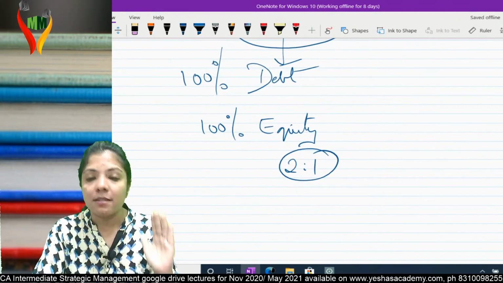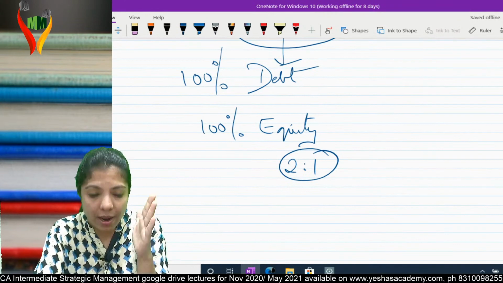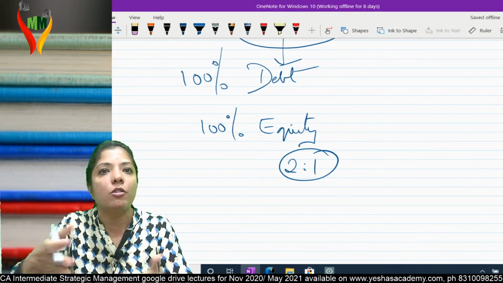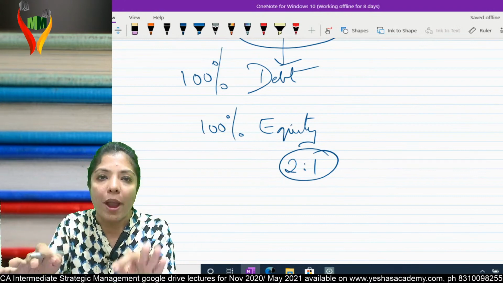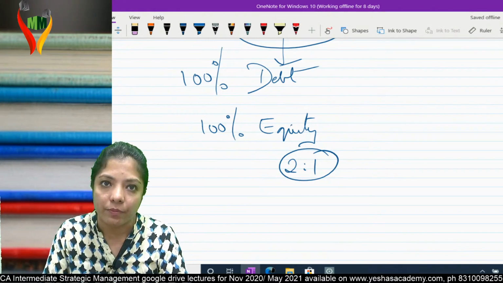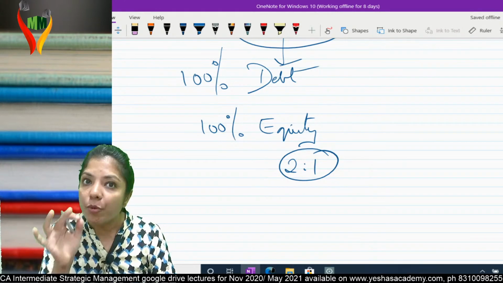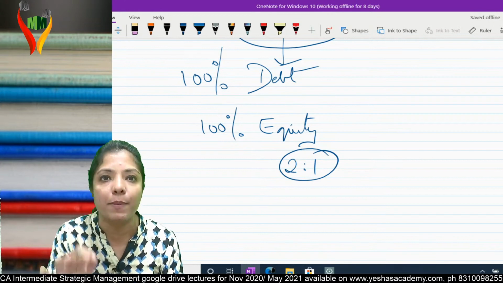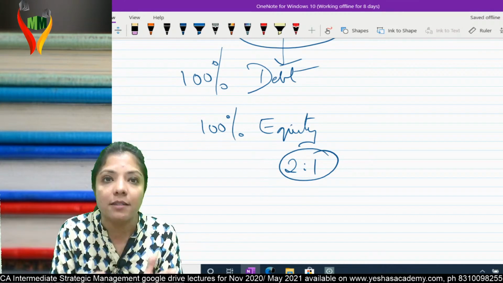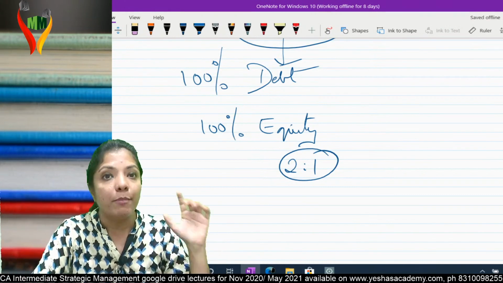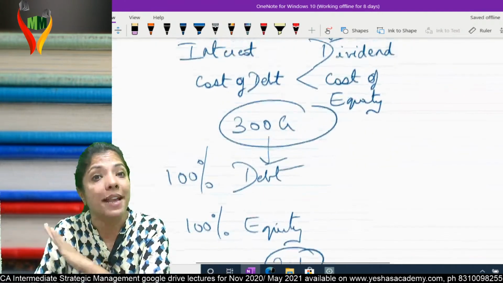Again, I'm saying I won't be able to give an example of how cost of debt is less than cost of equity. That's not a point to be linked in strategic management over here. Please understand this. I have to restrict myself to what I have to explain here, and secondly, this is a revision batch. I cannot go in depth of a topic, because this is what I've explained in my lecture thoroughly.